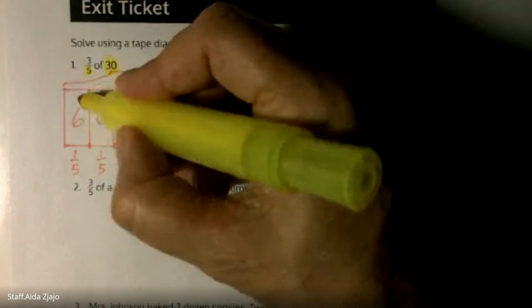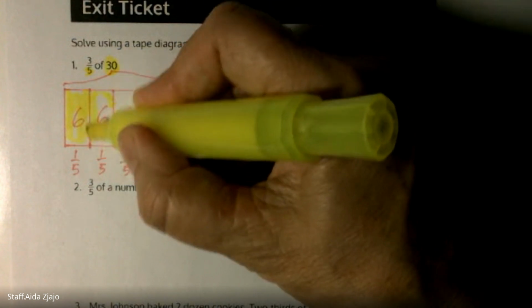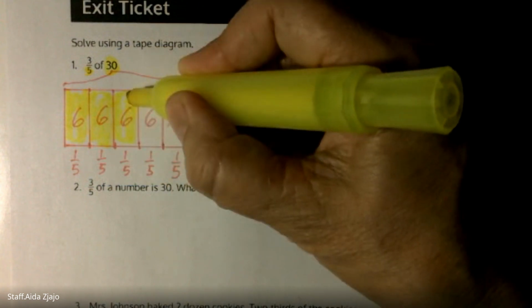This is 1/5 that you take to school, and one more fifth, and one more fifth. That represents 3/5.